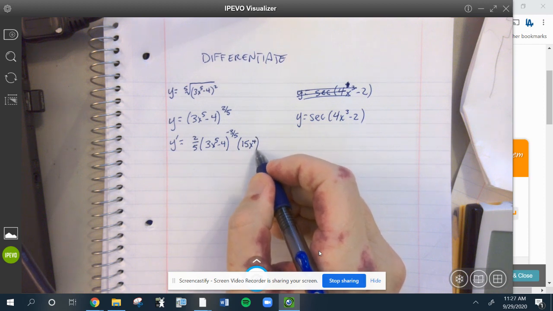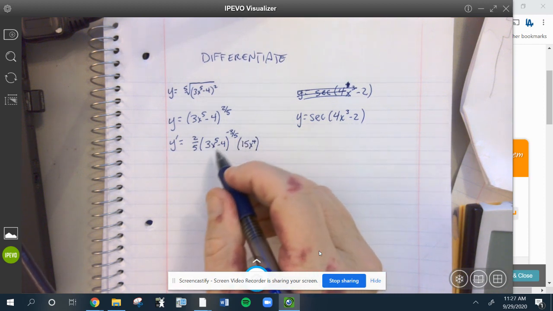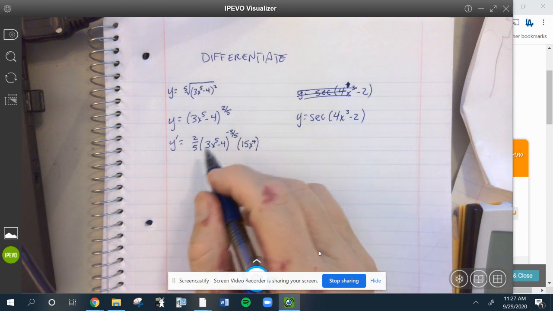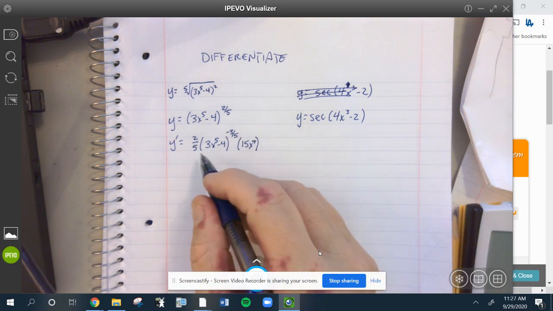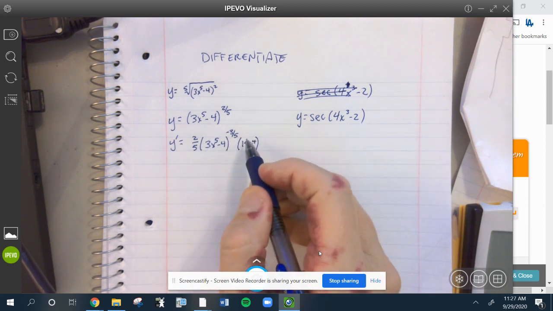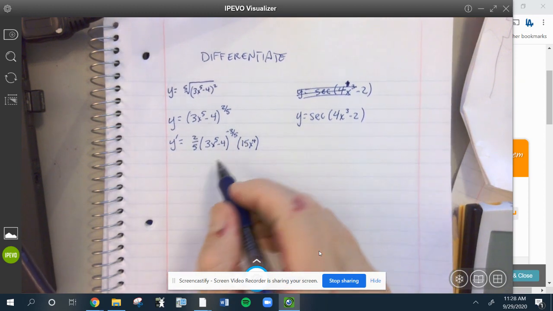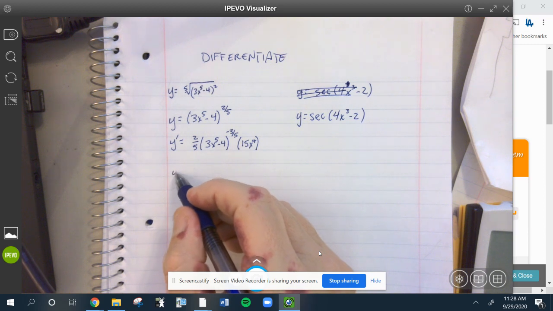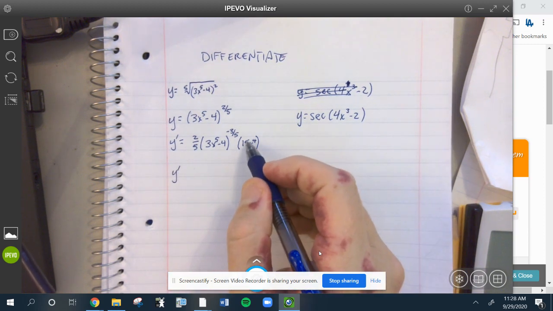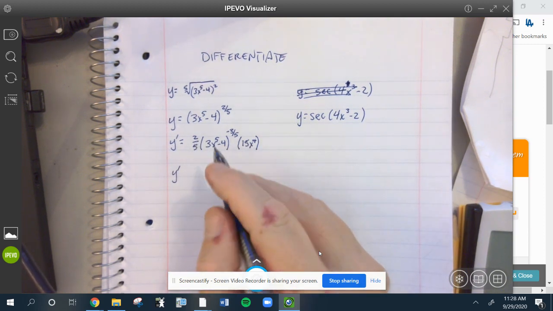This is all one term, so you can simplify just by basically moving things around. I see this 5 can cancel out with this 15. You'll be left with a 3. And 3 times 2 is 6.